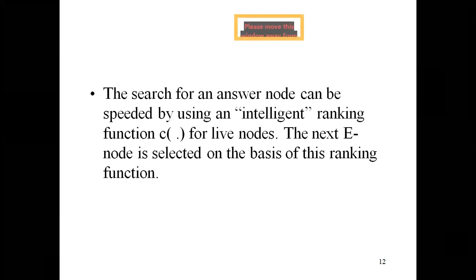The remaining live nodes will never become E nodes, as the expansion of node 30 results in the generation of an answer node.